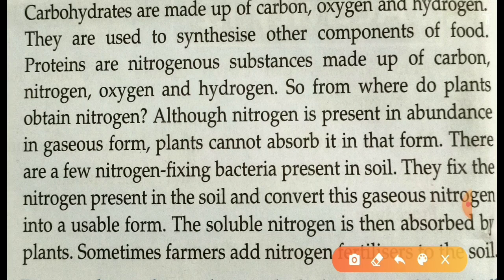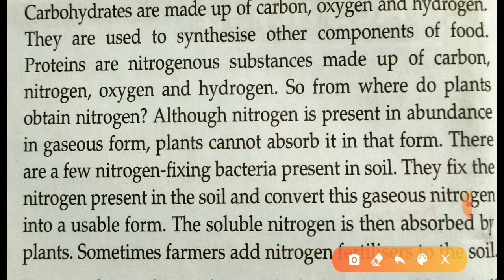There are many processes. First we consider nitrogen fixing bacteria. Nitrogen fixing bacteria are present in the soil, and in the root nodules of leguminous plants, in the roots of the pea plant and the soybean plant.